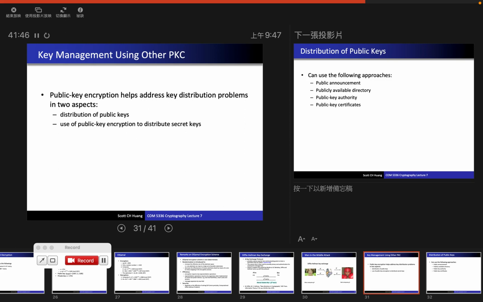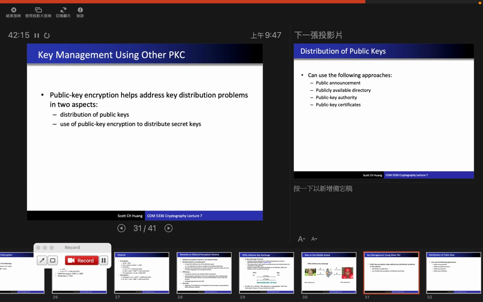Now let's look at some remarks. The key management. Okay. So there are other public key crypto systems. So the public key encryption helps address the key distribution problems. The thing is, the distribution of public keys does not need to be sent by a secure channel.